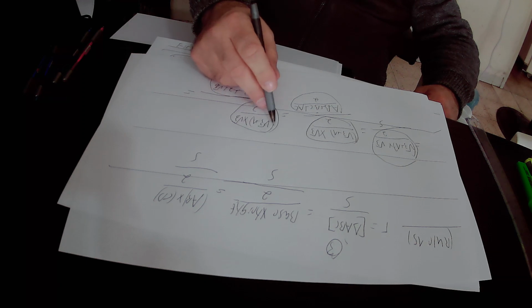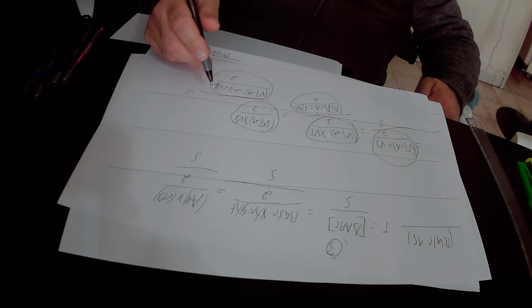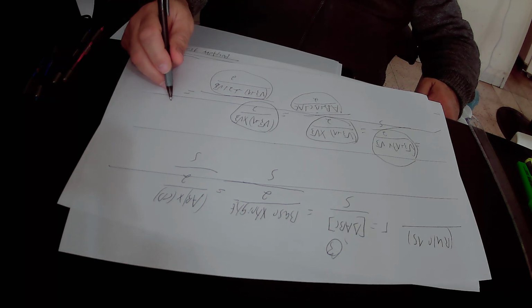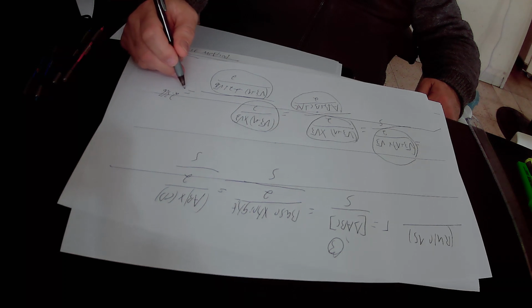The value of this expression is the area of triangle ABC, which equals 2.366 square units.